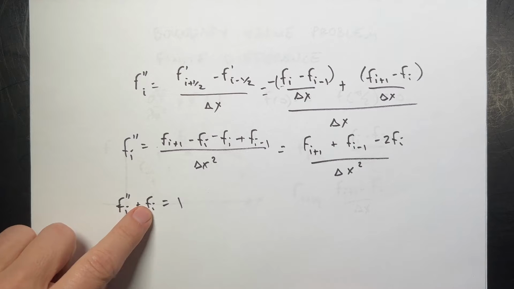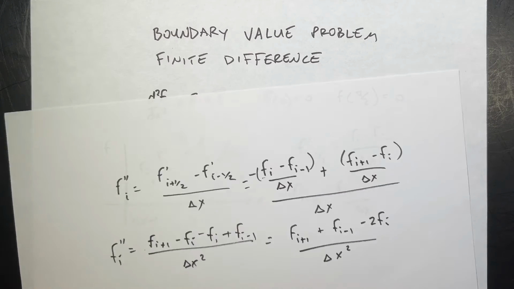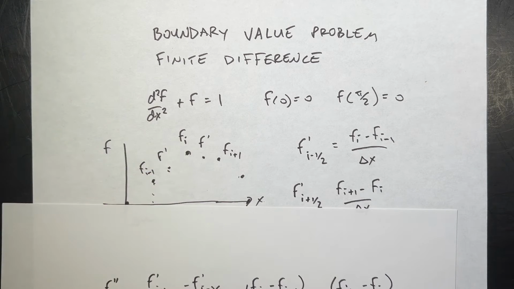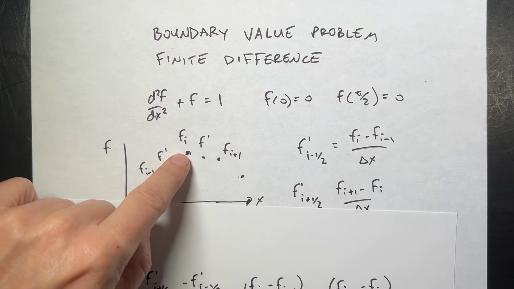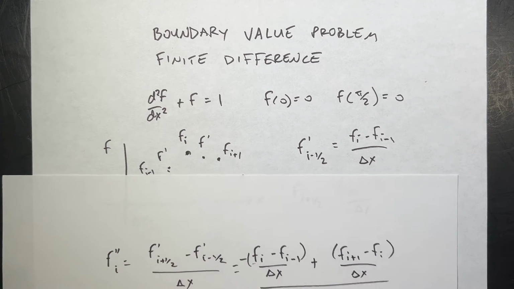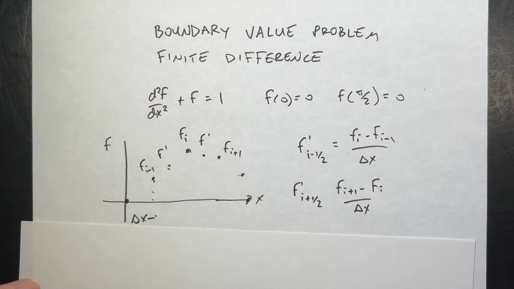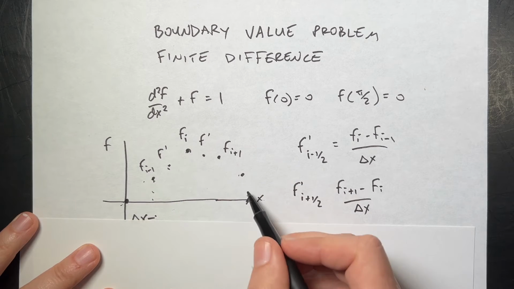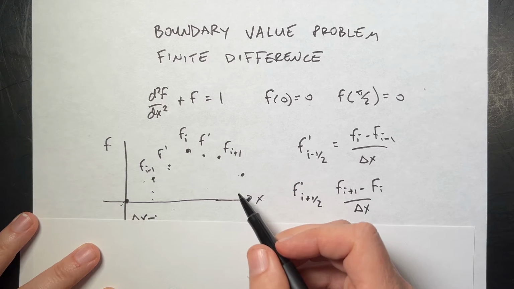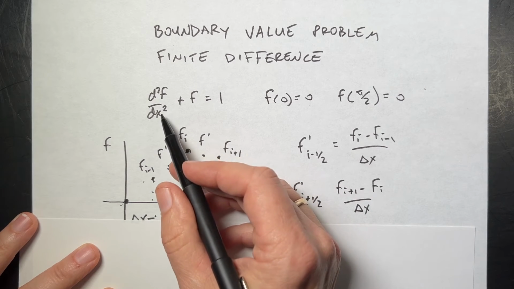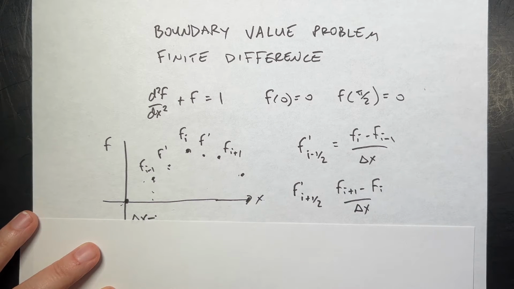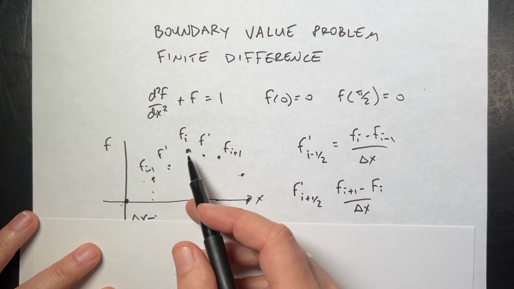If I know the values of these functions, I can plug them in, find the derivative, and plug it into this equation. So what we're going to do, spoiler alert, is I'm going to have some guess function. I'm going to pick values for these, and use those to define the value of the function from the differential equation. That will give me a better guess, and then I can do it again.